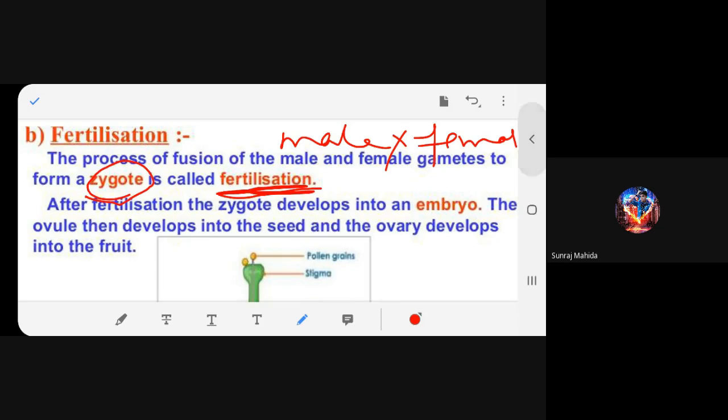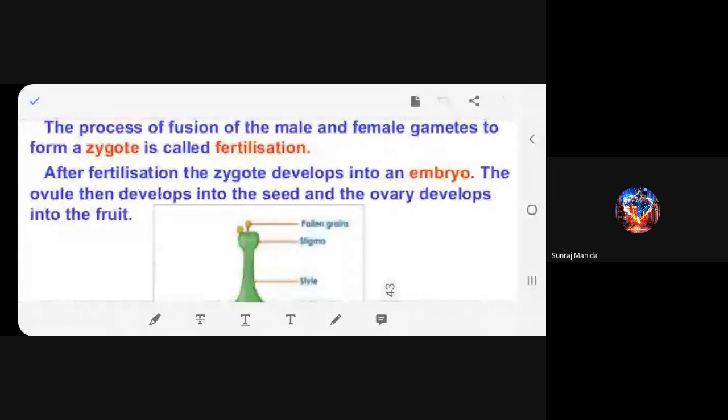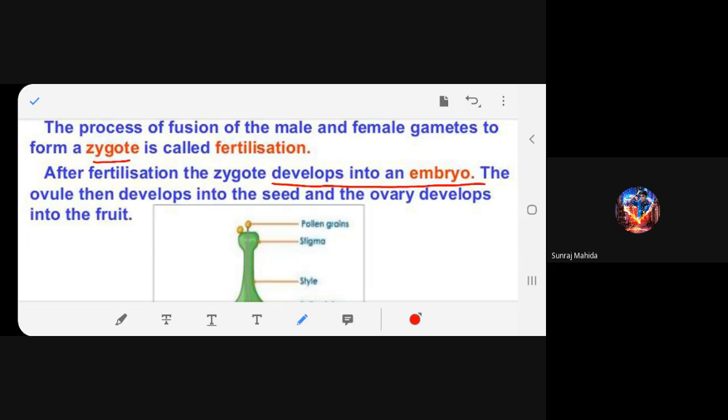Next, after fertilization, the zygote develops into an embryo. The ovule then develops into the seed and the ovary develops into the fruit. So fertilization takes place, we got the zygote. Now the zygote will develop into an embryo. You understood now? The ovule which is already there inside will develop into seed and the ovary will develop into fruit. This much have you understood?